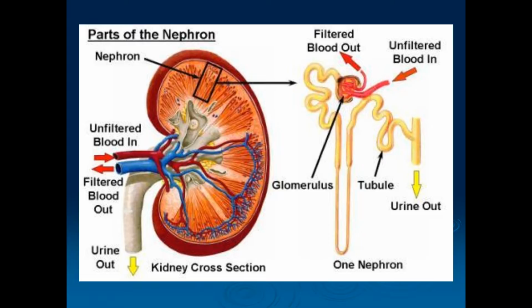Urine is mostly composed of water, sodium, potassium, chloride, urea, creatinine, and uric acid. The body normally produces 1 to 2 liters of urine a day, and urine usually does not contain glucose and proteins unless there's something wrong.